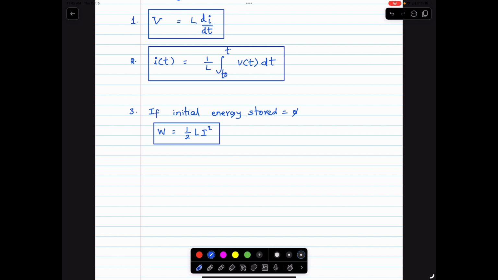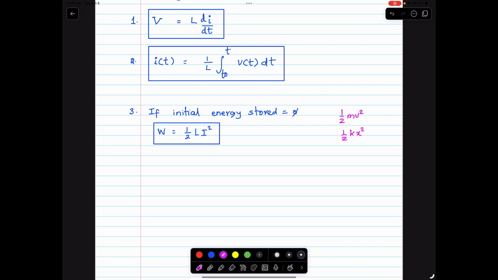Now, let me give you a side note. This is something we are very familiar with. 1/2 m v squared is the kinetic energy of a body with mass m and velocity v. 1/2 k x squared is the potential energy stored in a spring with a spring constant k and elongated to a distance x.